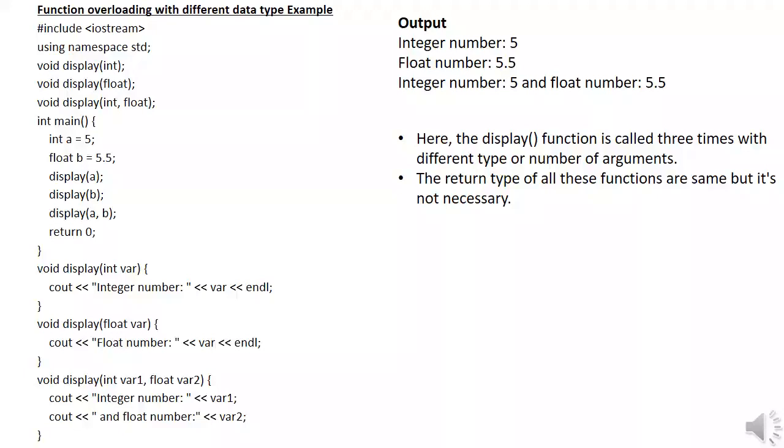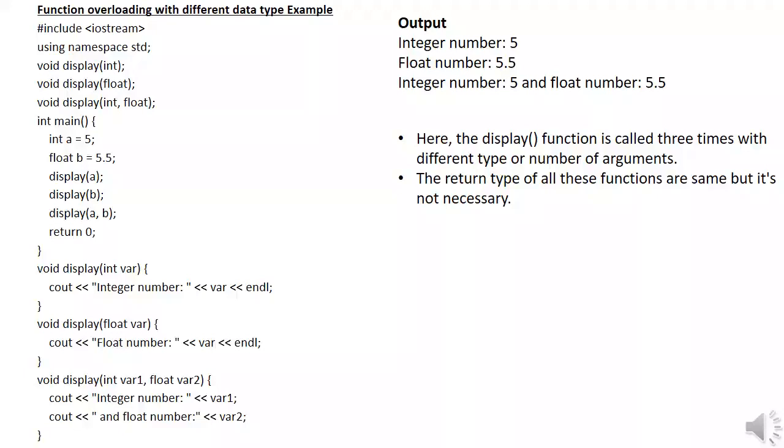All functions have the same name, but it will execute the first function definition. So you will get the output integer number colon 5, because inside the first function definition it is written cout integer number colon, then whatever value you are passing. I passed a, which is 5, so it will display integer number 5.